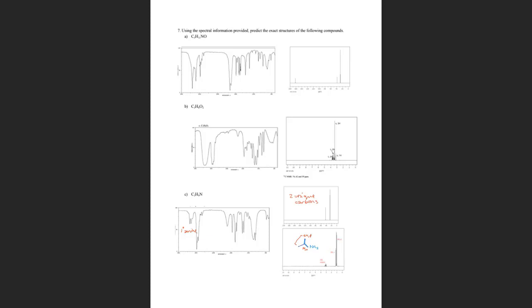Okay, working backwards, let's go to B now. Are there any functional groups that you see in the IR? OH, perfect. Is there anything else? If it doesn't look like there's anything else, that's okay too.